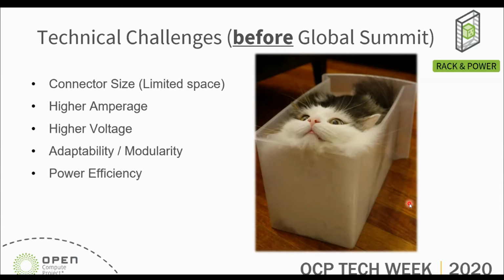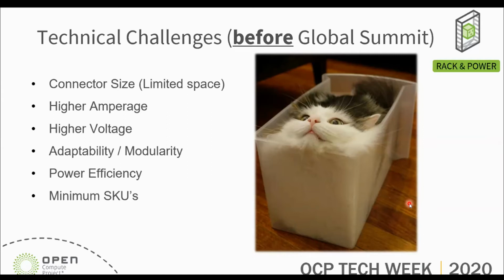The other big topic was power efficiency, which, as some of you know, is very important in data centers. So we had to choose the connector, the materials and the technology within the connector itself for more power efficiency, and the minimum number of parts to handle everything. That was the challenge before the Global Summit.